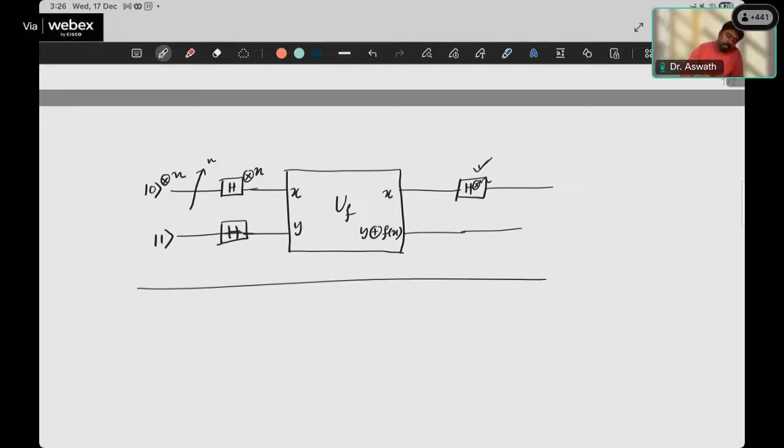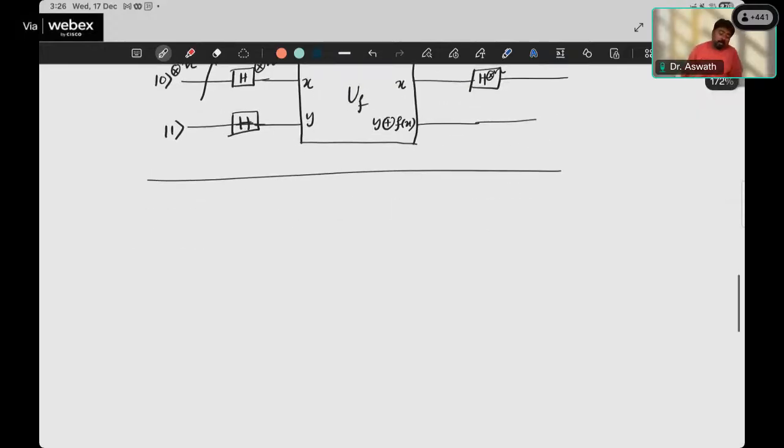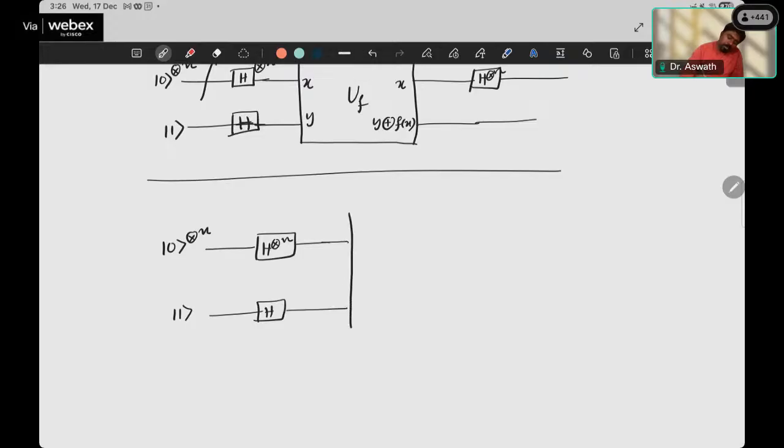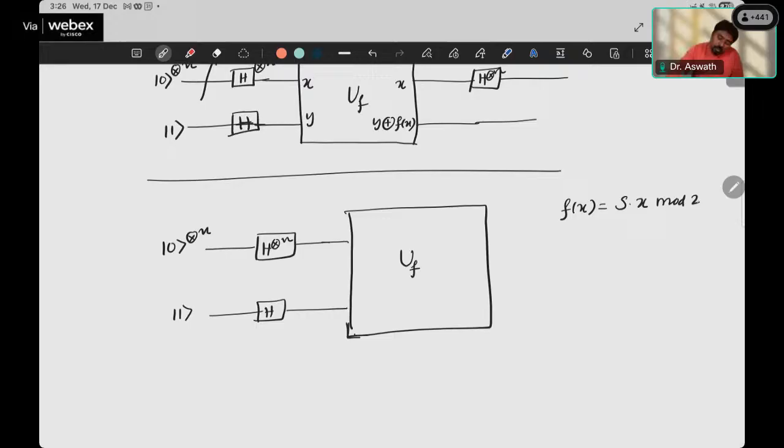Now, the Bernstein-Vazirani algorithm is very close to this. The only difference is I'll have n qubits, n Hadamards, one ancilla, and one Hadamard for that. I have one oracle function, which is a unitary function for sure, right? What kind of f of x? F of x is s dot x mod 2, taking 0 or 1.